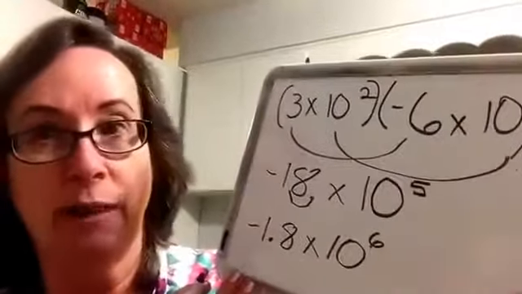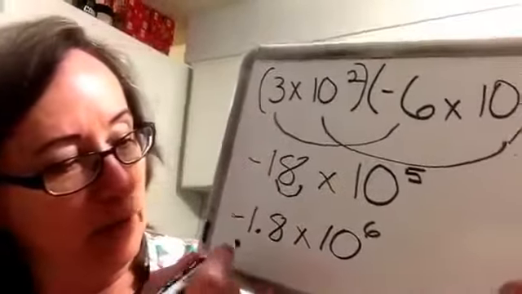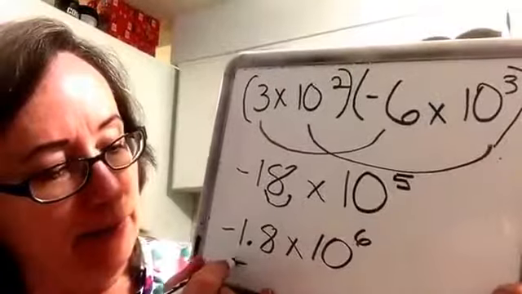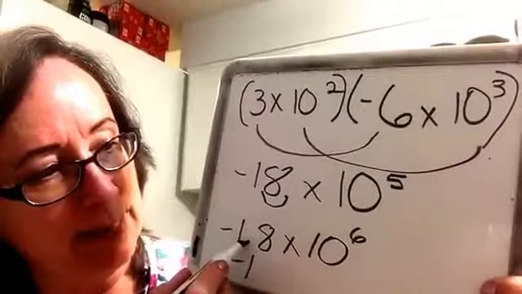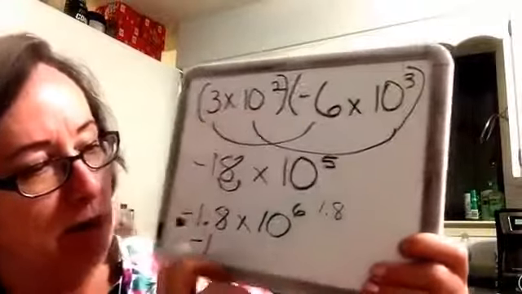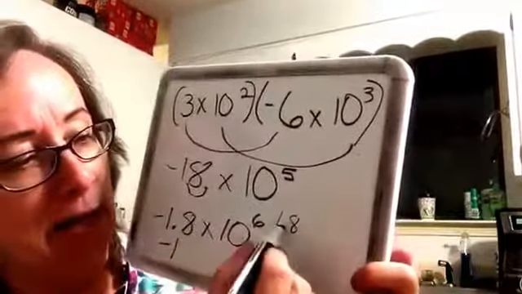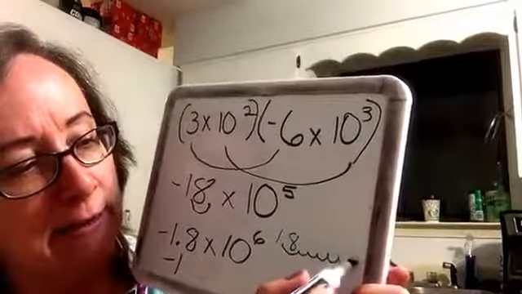Now, they want us to do this also by putting it into standard form, which is going to be negative. Now, I'm going to put 1, and I'm going to move the decimal place 6 places over. So let's put 1.8 real small over here. And let's talk about 1, 2, 3, 4, 5, 6.